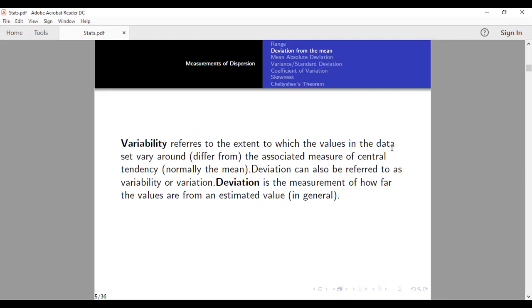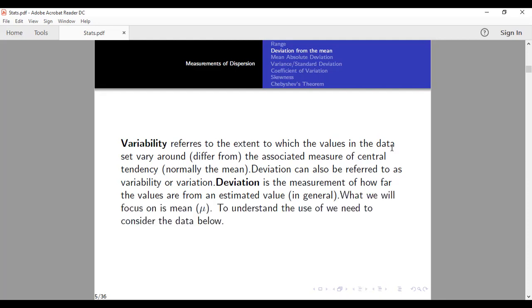Remember, the mean is a central point. The mean takes into consideration all the values, so the mean becomes the central point. Now deviation just wants to know how close are they to the central point, or are they scattered apart? This generalized measurement, which is deviation, gives us an idea of how far apart the values are from the mean on a general scale.